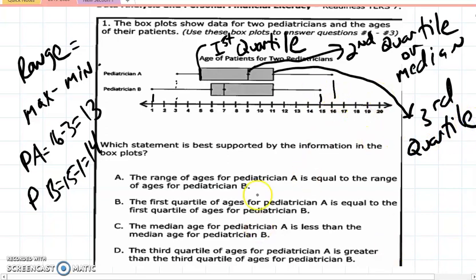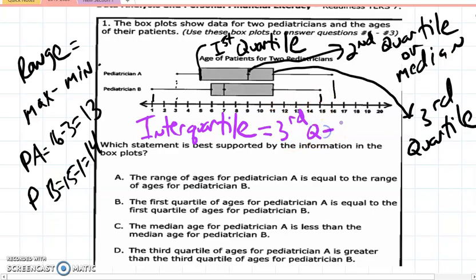Now, another one you need to know is the interquartile range. The interquartile range is the third quartile minus the first quartile.